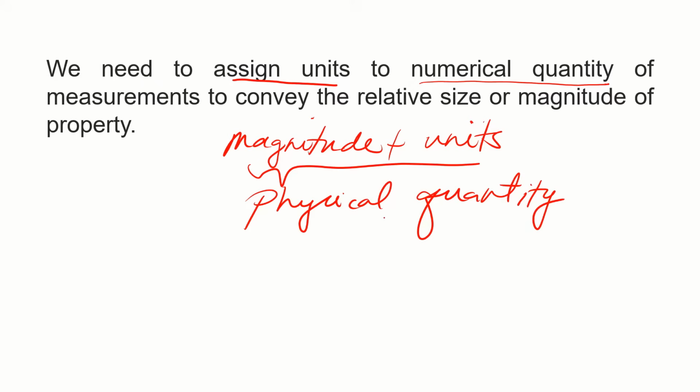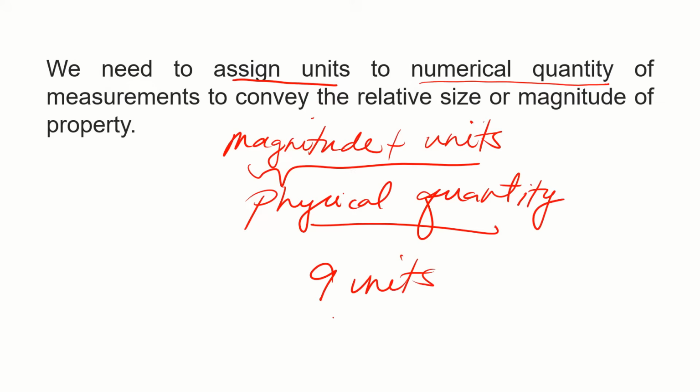So physical quantity is any number that describes a physical property. Nandun na yun sa module natin yung definition ng ating physical quantity. Again, kapag sinabi nating physical quantity, it must be a number together with the corresponding units.